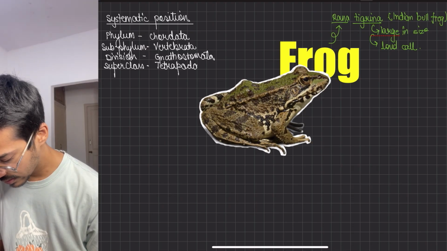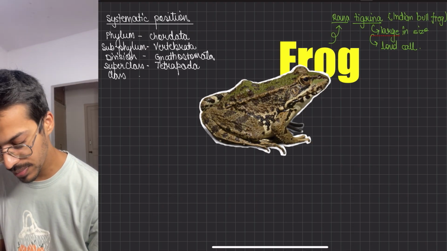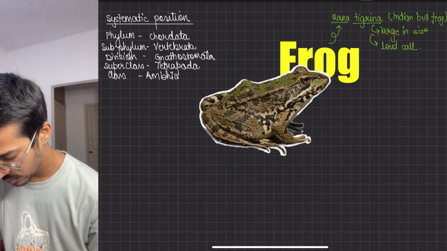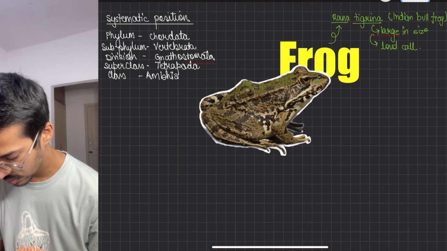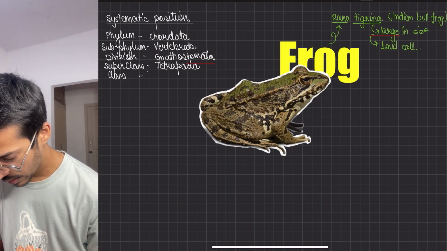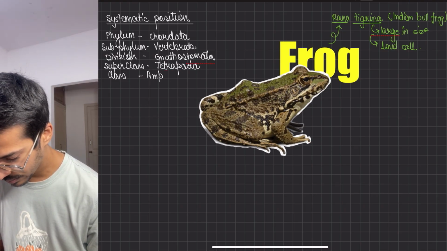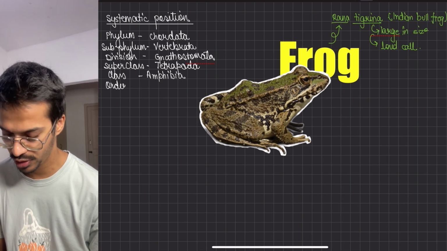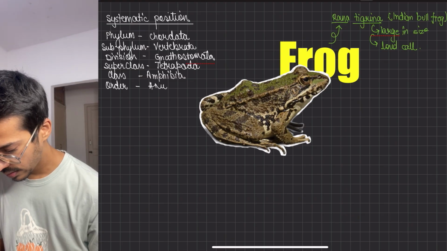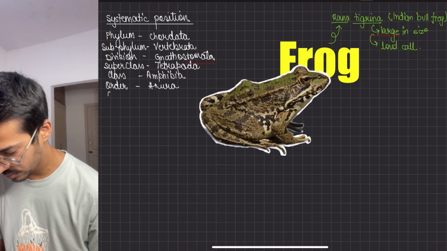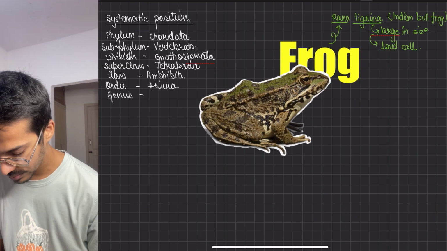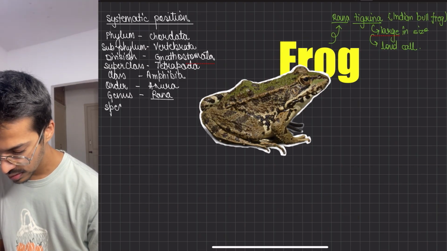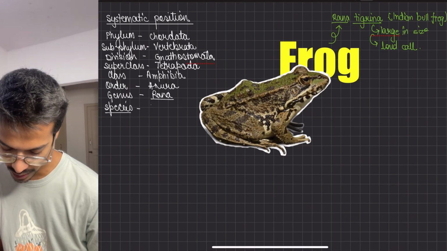Then it has a class called Amphibia. Then order, if you remember, very good. If not, that's not an issue. Anura. Then we have genus Rana, and the species which is present in India is Tigrina.